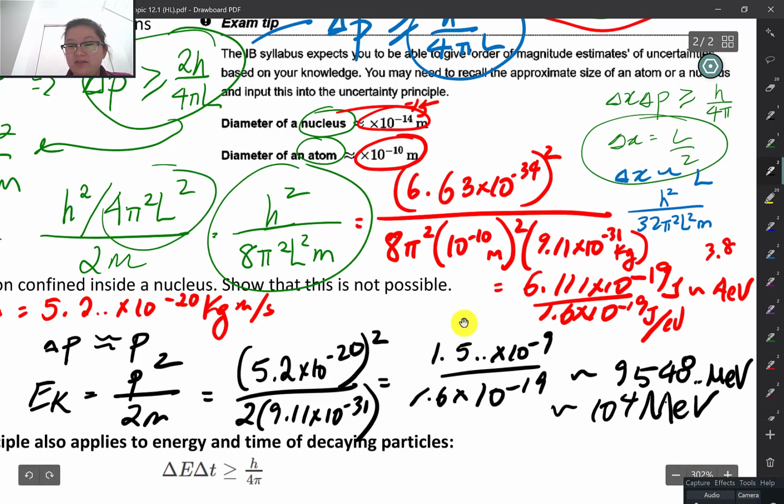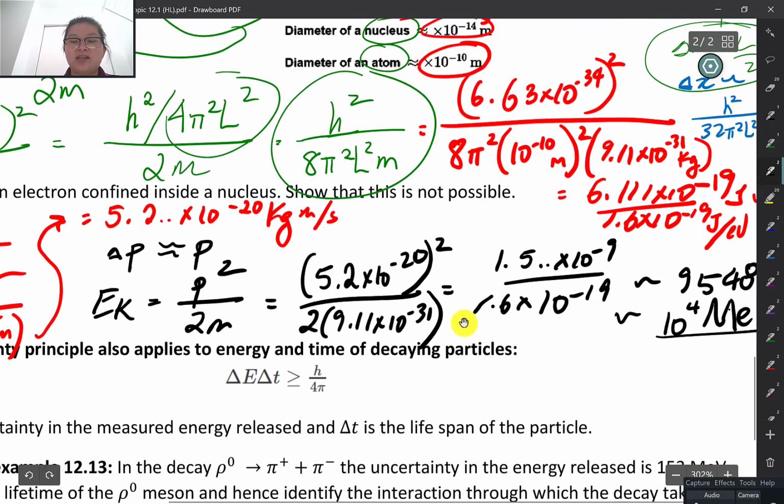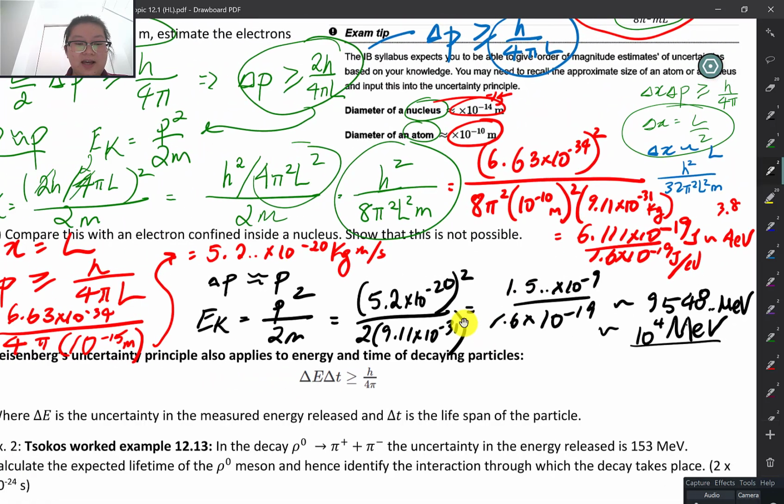If you compare this to the binding energies of certain nuclei, which are on the order of 10 to the power 4, this is going to be a lot larger than the binding energy of a lot of nuclei, so that's going to essentially rip up the nucleus itself. So that's another reason why an electron cannot be confined inside a nucleus.